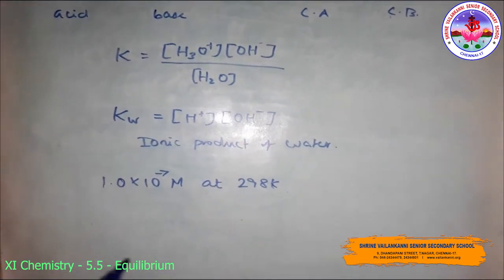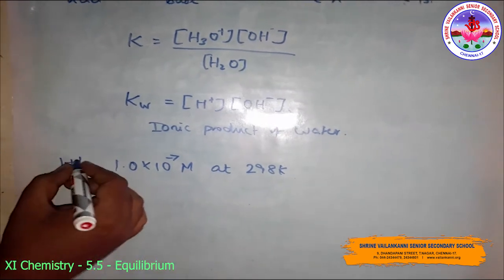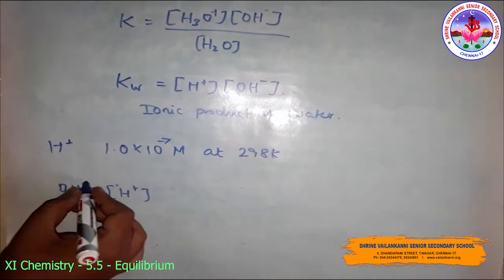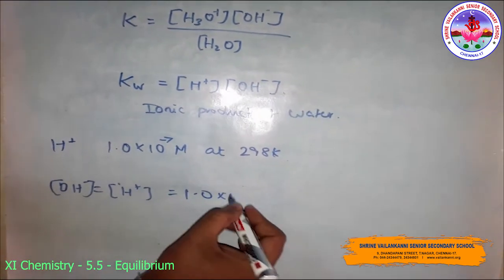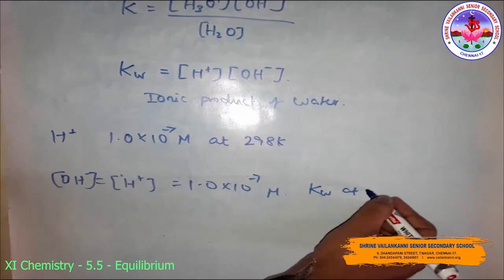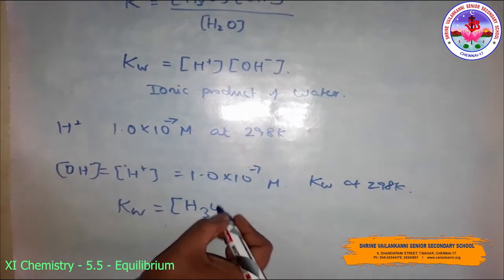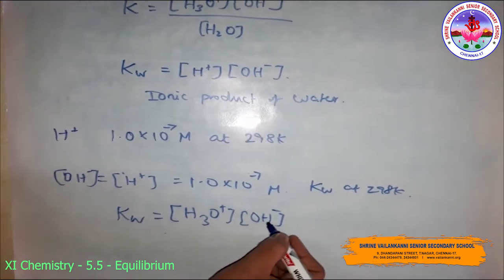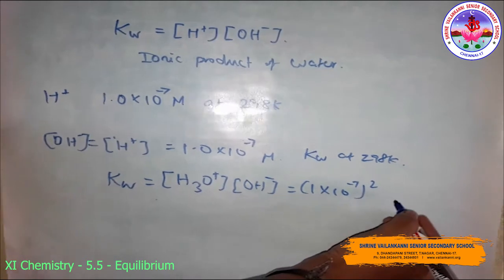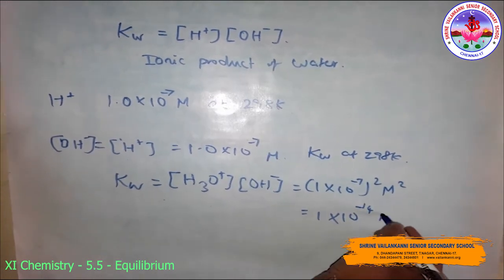The dissociation of water produces an equal number of H plus ions and hydroxide ions, so the concentration of hydroxide ion is equal to the concentration of H plus ion, 1.0 into 10 power minus 7 M. The value of Kw, the ionic product of water, at 298 Kelvin is the concentration of H3O plus times the concentration of OH minus, equal to (1 into 10 power minus 7) squared, that is 1 into 10 power minus 14 M squared.